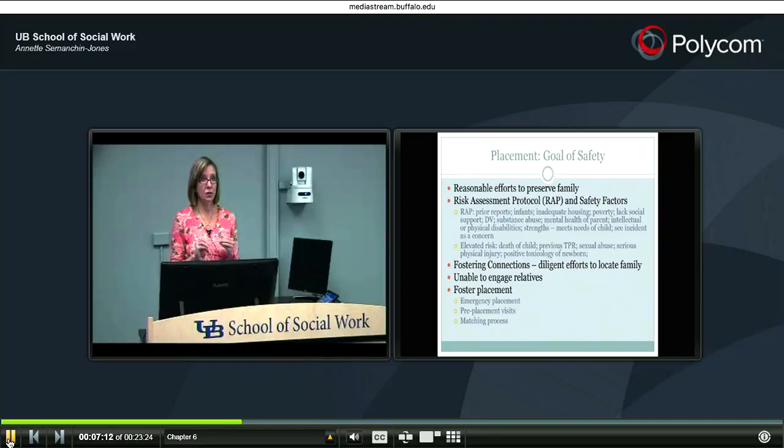But within that goal of safety, there have been these recent policies in place that mandate states to make reasonable efforts to preserve the family. And states, again, have been paying more attention to that and have been able to do that more successfully, been able to keep children safely in their homes. And so that might help account for some of the decrease in out-of-home placement.